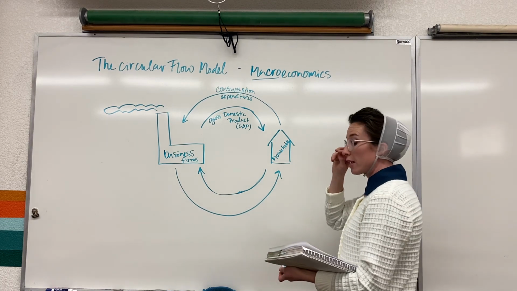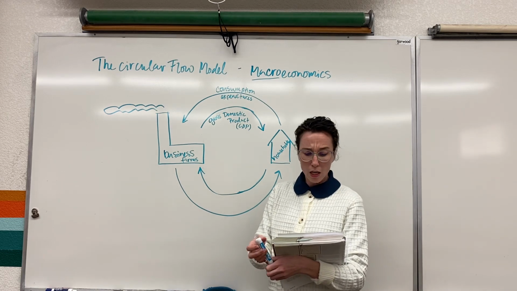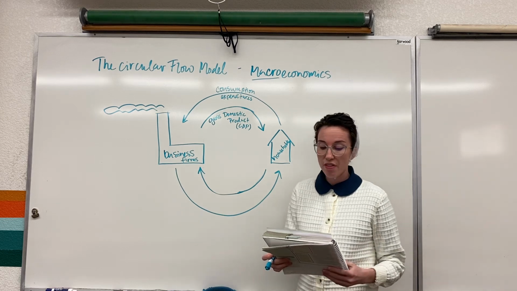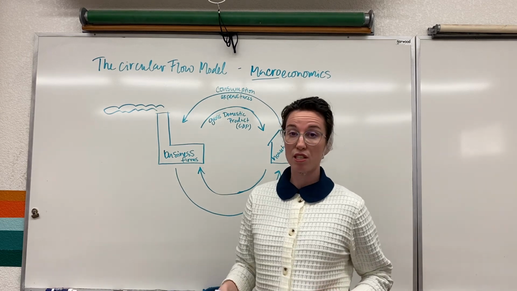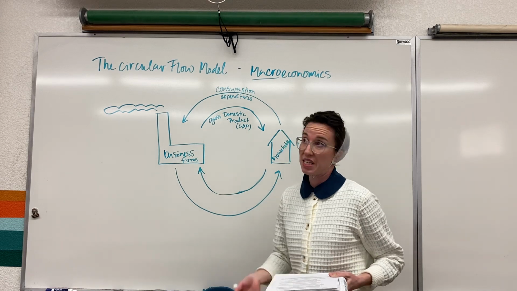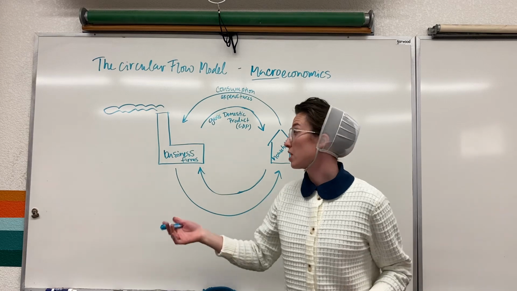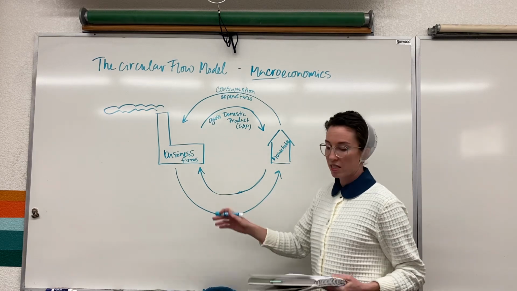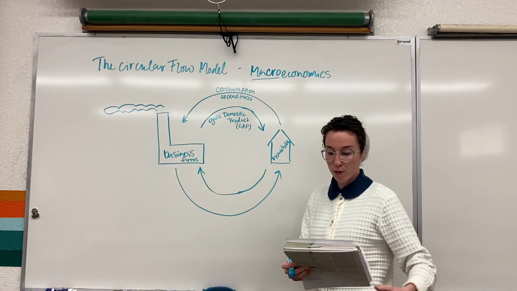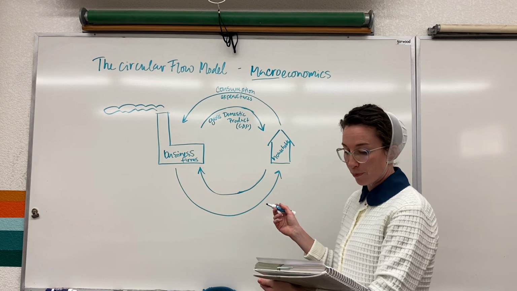All right, next up we have factors of production. This is all of the resources that are necessary for businesses to produce goods and services. So for example, businesses need things like money, they need employees, they need materials, things like that. This is all the things that business firms need in order to produce goods and services. And these are called factors of production.